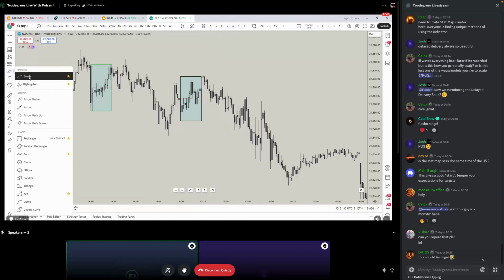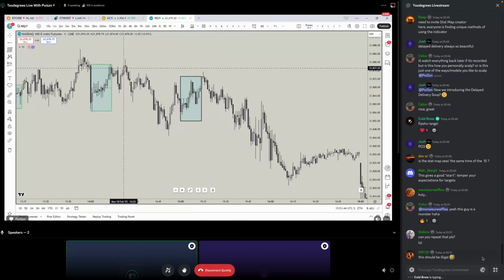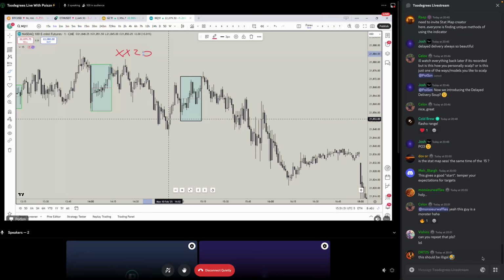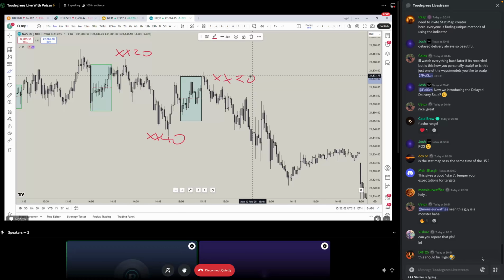Which means you could time your pivot points around XX20 or XX40 right here. You could time your pivot points around XX20 for that hour or XX40 right there.